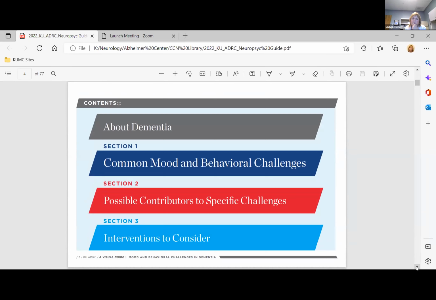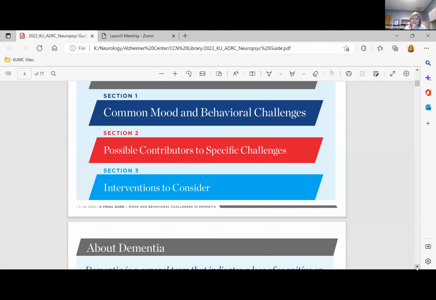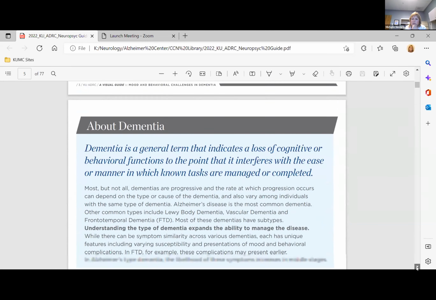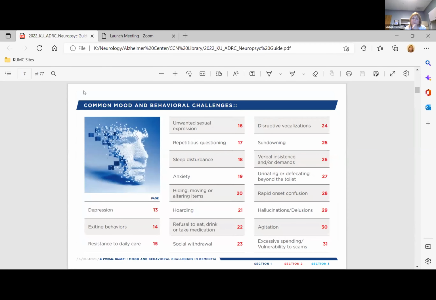So the contents, again, section 1 is the common mood and behavioral changes. And you can click through these sections to look at common mood and behavioral challenges, and it looks at all of those components.